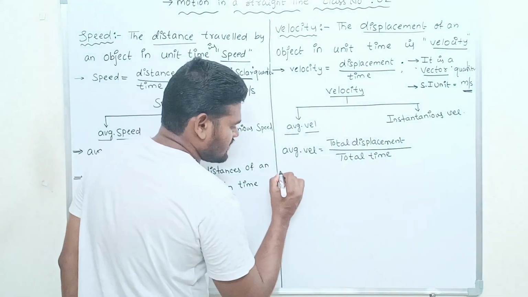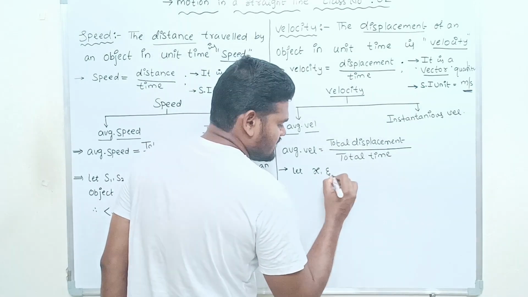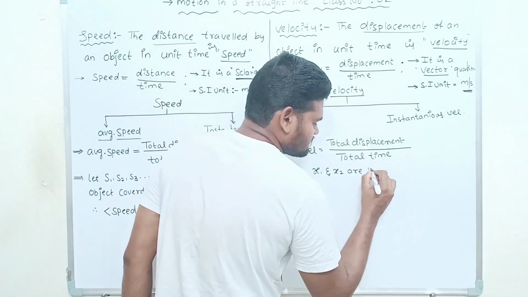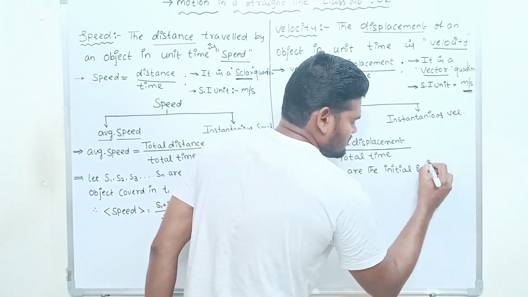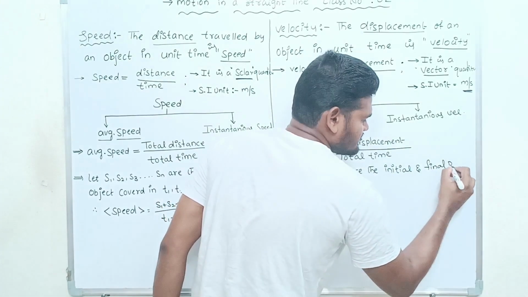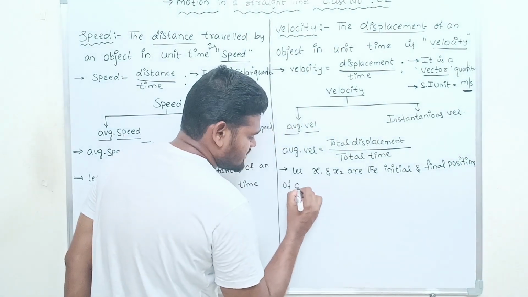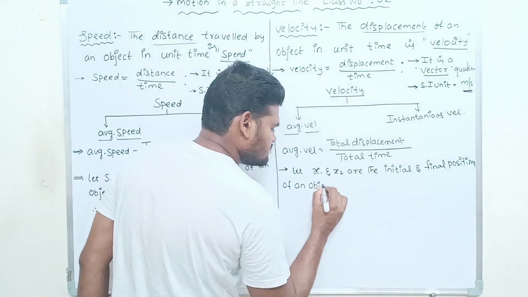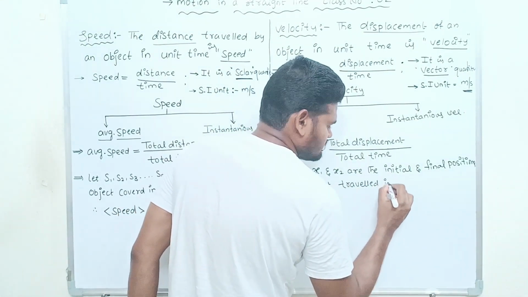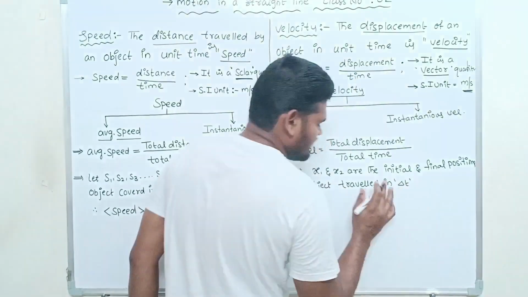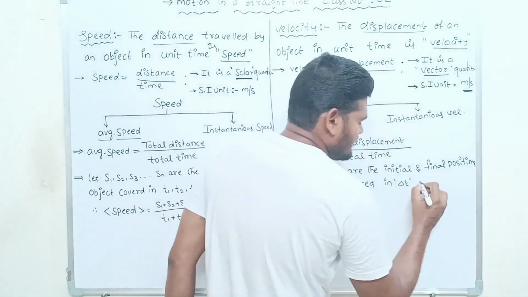Now, let x1 and x2 be the initial and final positions of an object covered in delta t time.